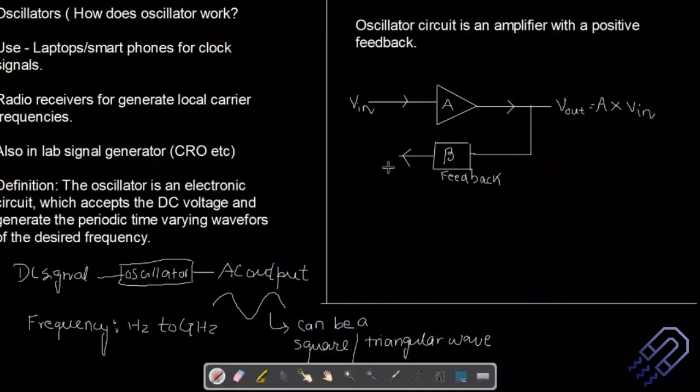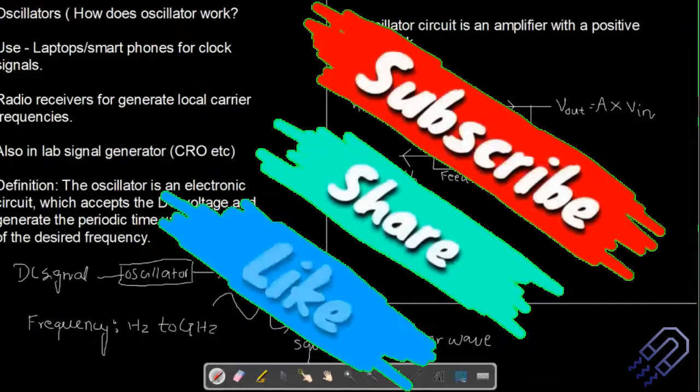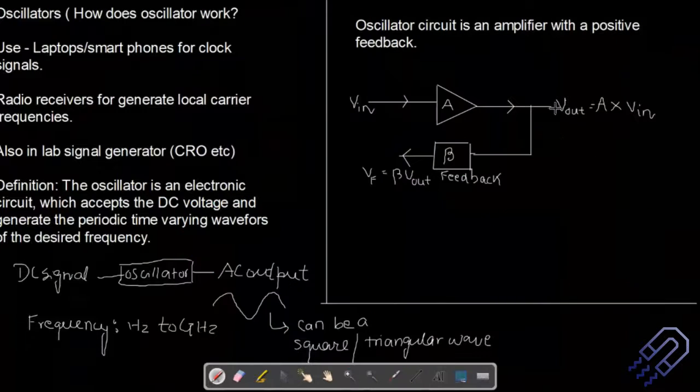So what I can say here is that this VF, which is nothing but the feedback voltage, is nothing but beta, which is the gain of the feedback circuit, into V naught. V naught means we are talking about V output here. It's the same thing, okay?